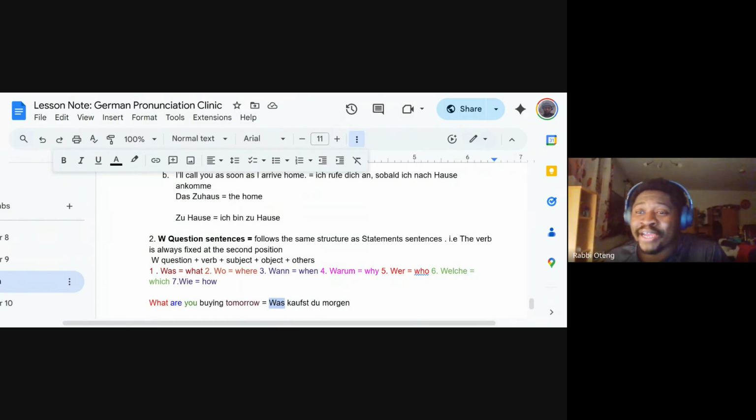What are you buying? You are buying what? So the thing you are buying is the direct object, and the W question stands in for the item.